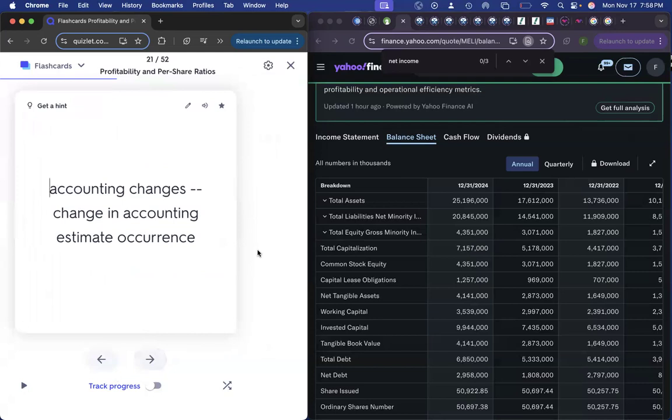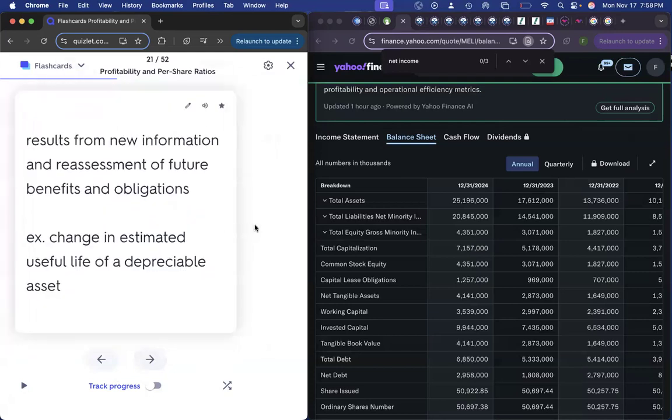The next type of accounting change is change in accounting estimate. And this occurs when new information causes the reassessment of future benefits and obligations. An example of this is the change in estimated useful life of a depreciable asset.